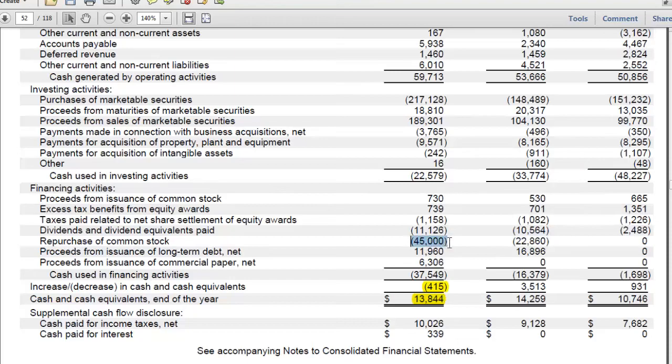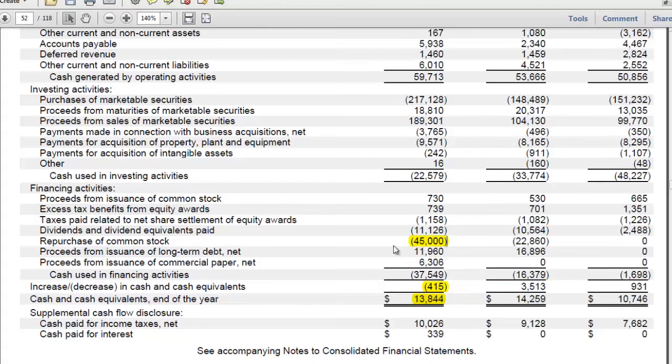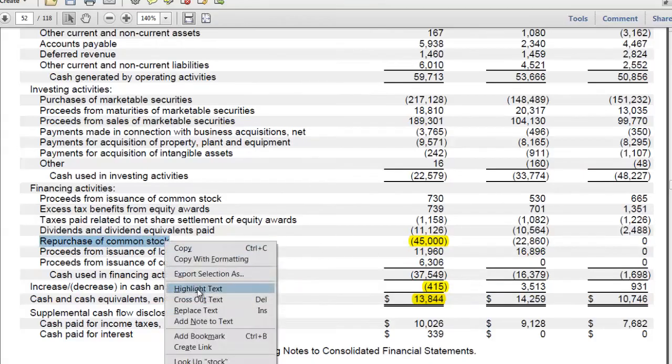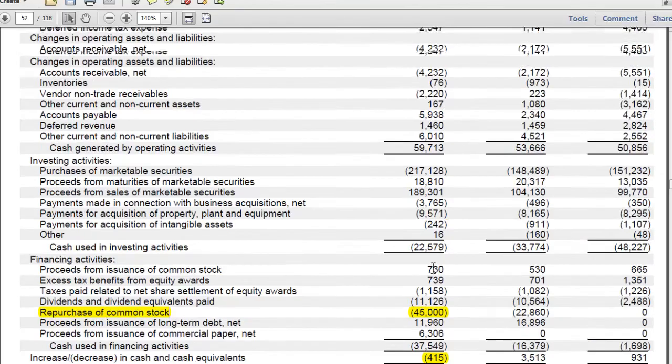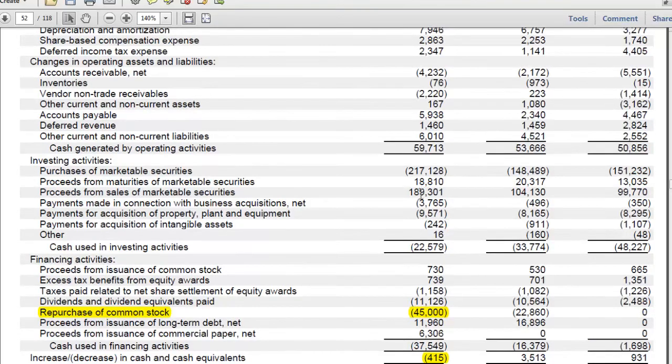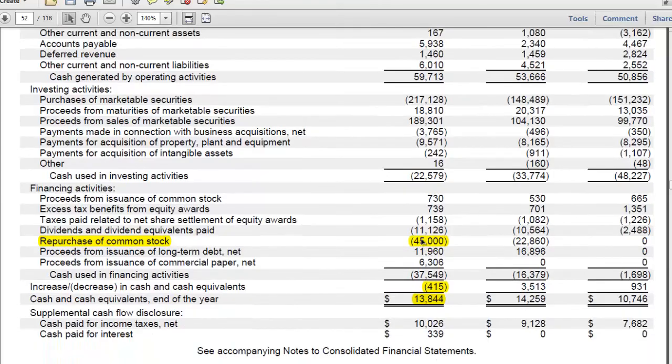Well, the biggest decrease in cash was this number right here. They spent $45 billion buying back some of their own stock, and that was one of the major draws on cash. Now, they did have some marketable securities they invested in and pulled out, which is up here, but the main outflow of cash was for repurchasing common stock.